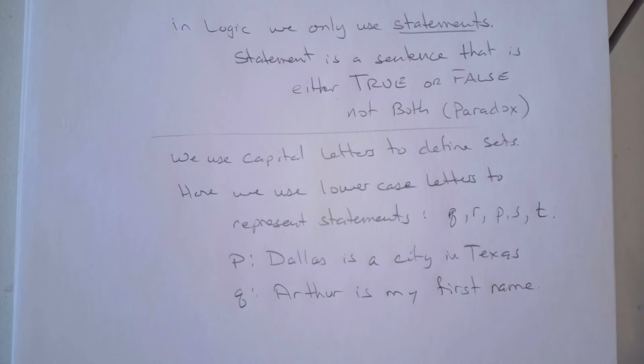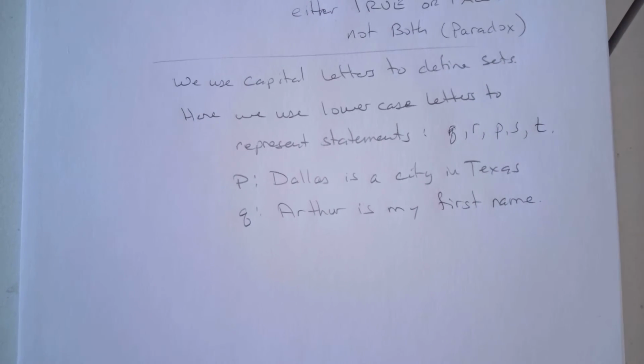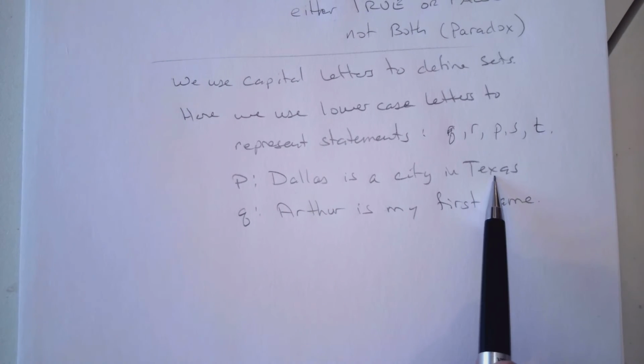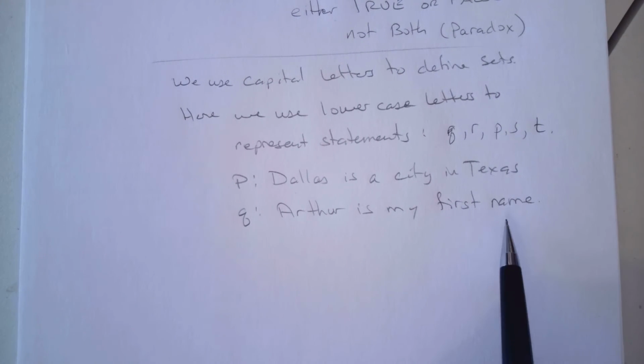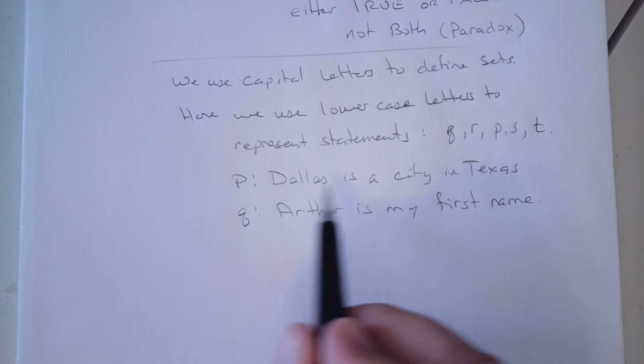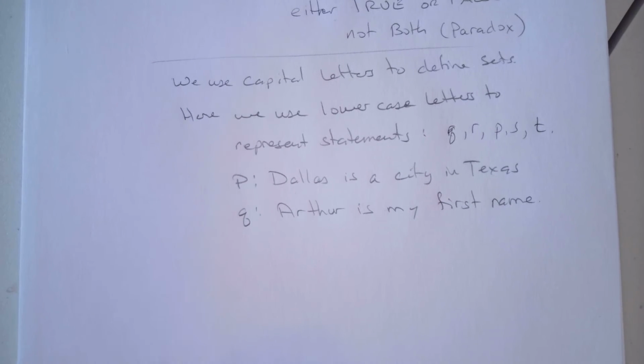Why are both of these statements? Because we can determine whether they're true or false. Is Dallas a city in Texas? True. Is Arthur my first name? Yes, it's true. So again, we defined each statement with a letter.